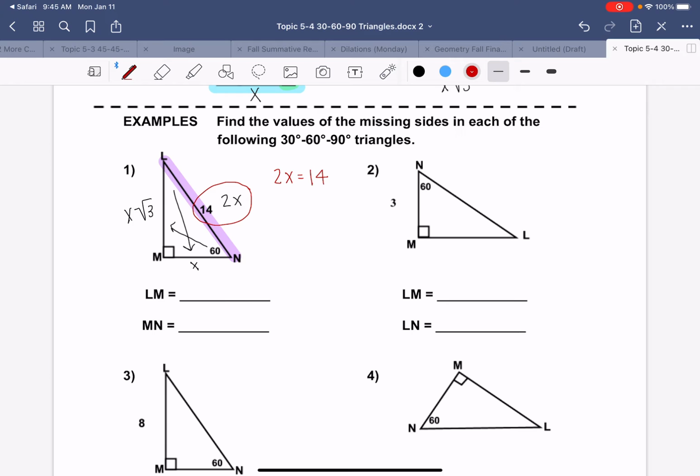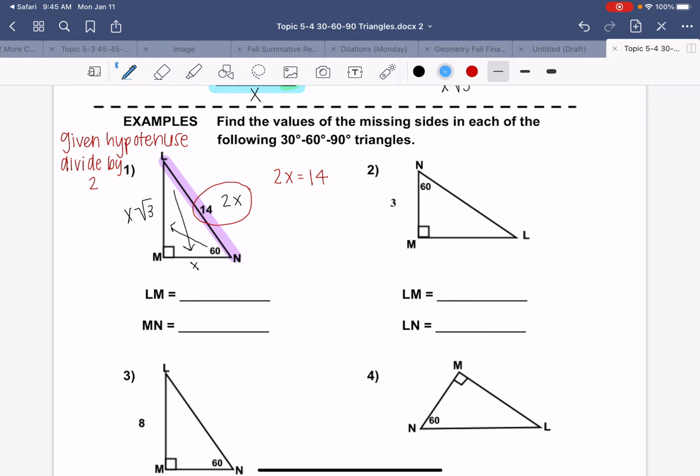So when given the hypotenuse, we need to divide by 2 to get the value of x.